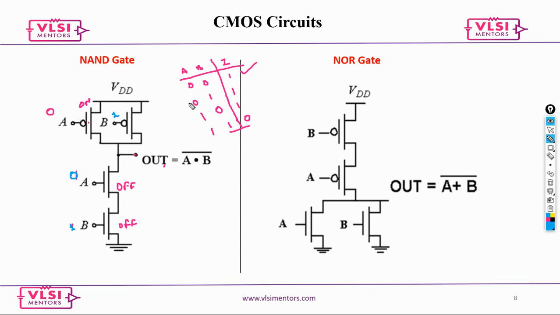Now, in the case of A equal to 0 and B equal to 1, analyze. A is 0, so there is no path between the output and ground, because A is off. Now look here, A is on and B is 1. This is off, but because this transistor is on, it can charge the capacitor. So the output is 1.